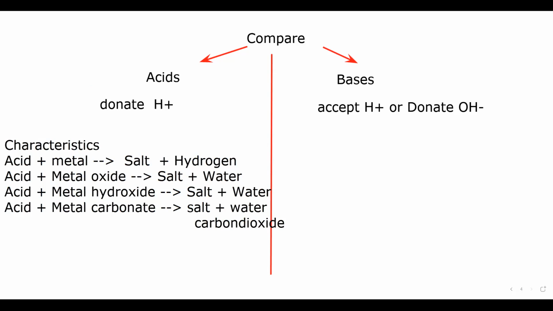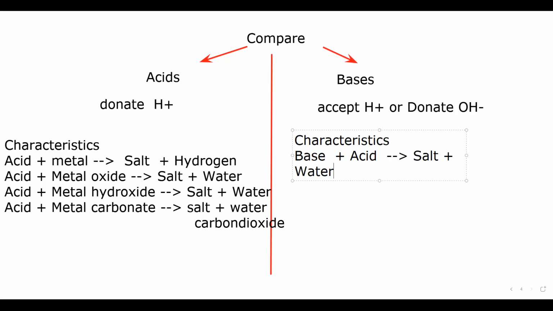But what are the characteristics for base? Whenever a base is reacted with acid, if acid reacts with base or base reacts with acid, this will result in a formation of salt plus water.